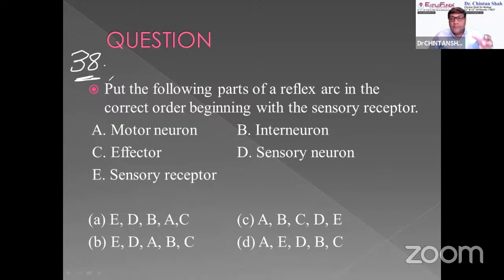I'm just talking about the reflex arc. You already know about that. Just arrange this in an order. Quickly go for 38.